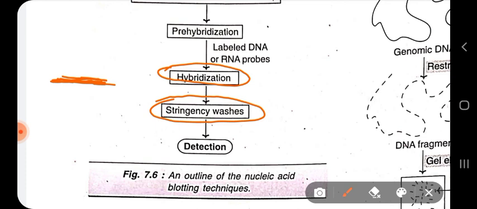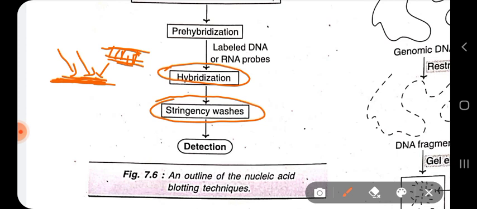They are washed repeatedly with a certain washing medium so as to remove the non-targeted bound material, removing everything except the hybridization of the probe and the target DNA or RNA. So by washing, it removes all the unbound DNA probe or unbound RNA probe, whatever you are using.